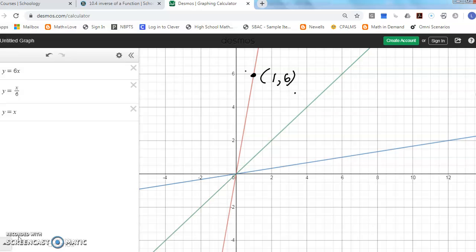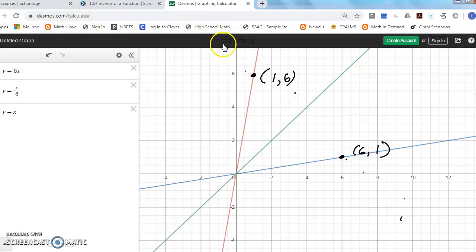Now if you remember earlier, when we were talking about inverses of ordered pairs, what you need to do is flip the x and y coordinates around, right? So if you look at the blue graph, let's find a point over here. So this one. So the x coordinate is 6 and the y coordinate is 1.